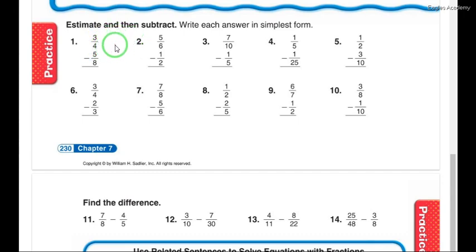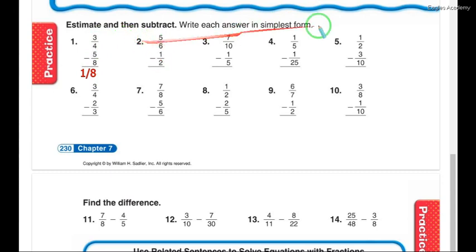Now 6 out of 8 minus 5 out of 8, the final answer is 1 out of 8. How did we do this? We just multiplied the 3 by 2 and the 4 by 2.